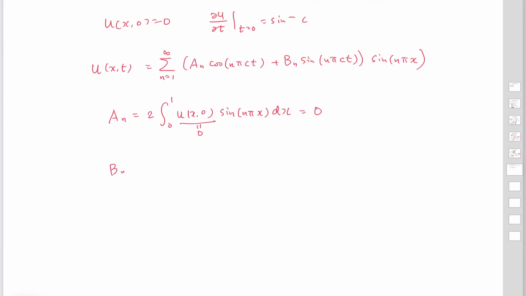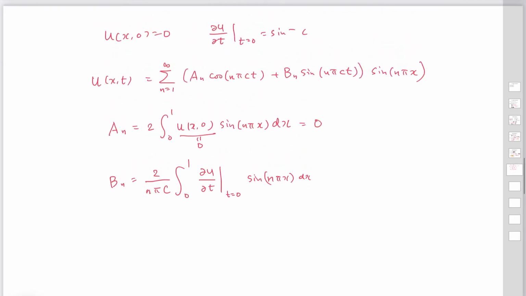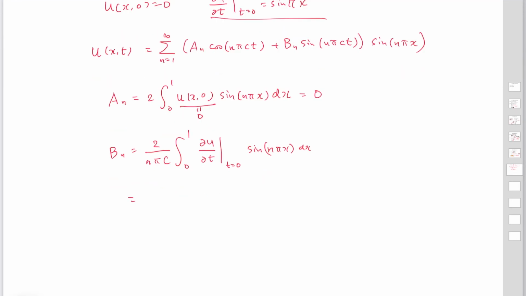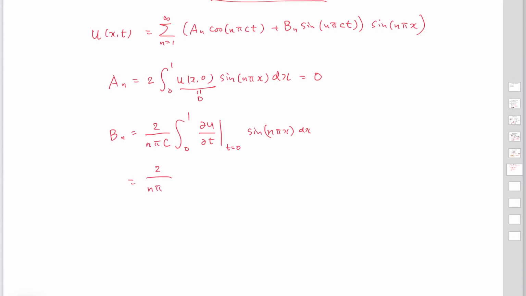For b sub n, you can calculate 2 over n pi c times the integral from 0 to 1 of partial u partial t at t equals 0 times sine n pi x dx. You can substitute the initial condition sine pi x, then it becomes 2 over n pi c times the integral from 0 to 1 of sine pi x sine n pi x dx.